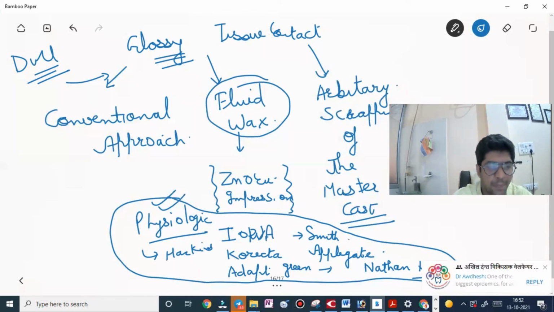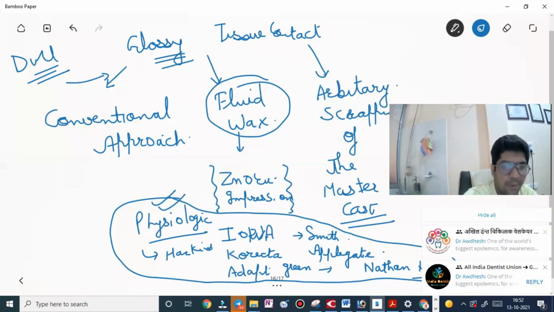Fluid wax extending beyond the posterior vibrating line should be cut with a hot knife. The impression is refined till feather-edge margins are produced.